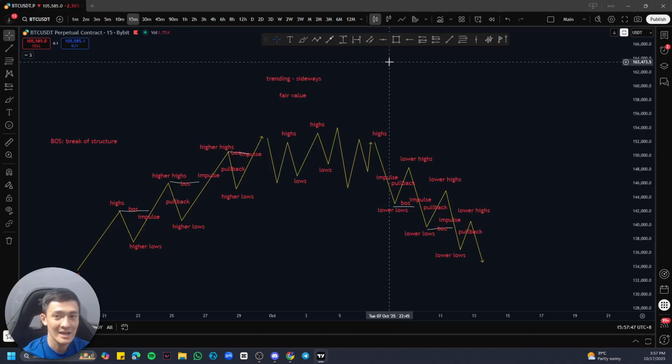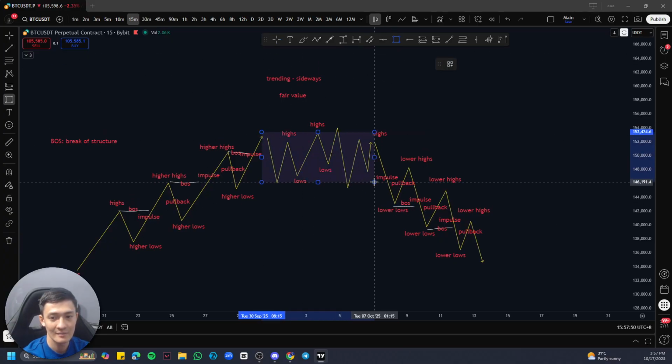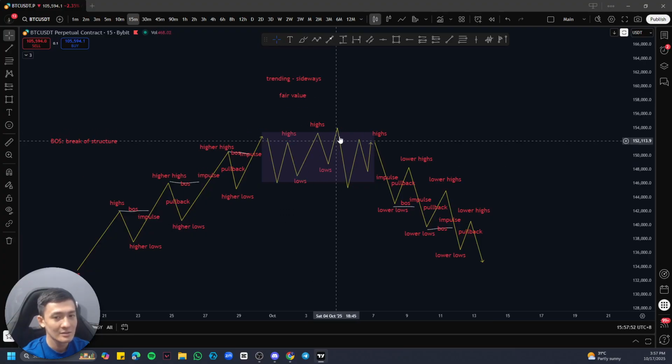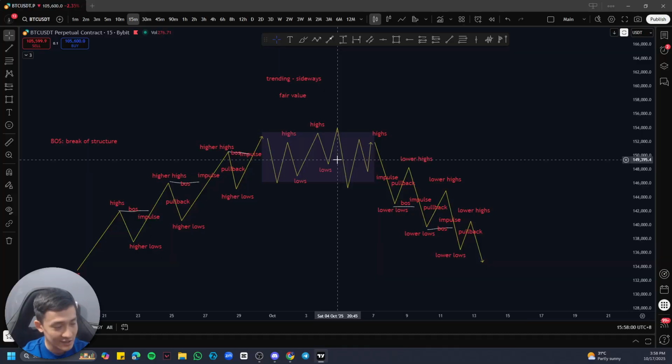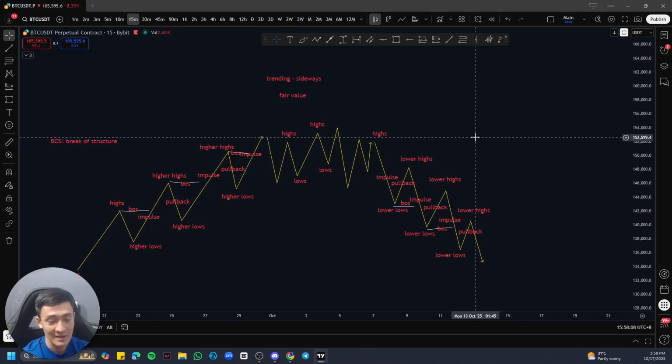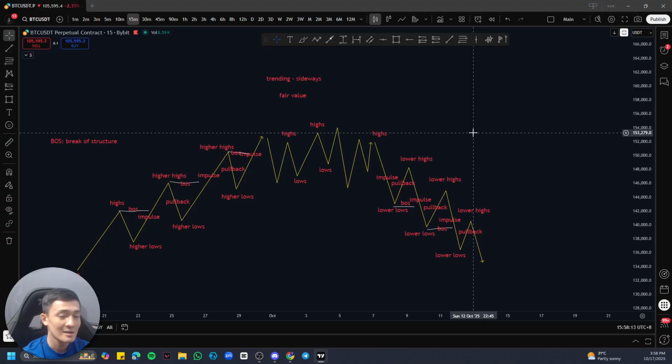In a sideways market, on the other hand, we can trade it either way, but it takes more skill because sideways markets can get quite messy. I will be showing you my strategy for trading sideways markets at the end of this course, because it is a little bit more advanced. For now, the best thing you can do is to trade with the trend.